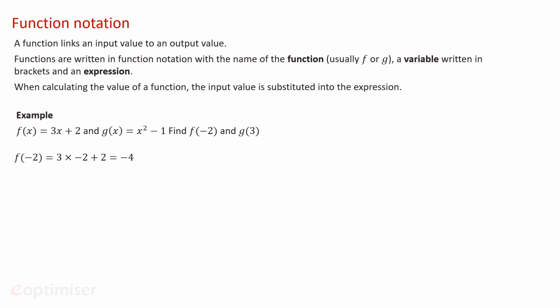Since f(x) is equal to 3x plus 2, if you replace x with minus 2, you end up with 3 into minus 2 plus 2. That is minus 6 plus 2, and you get minus 4. If you input 3 to the g(x) function, you'll get 8 as the output. So 3 squared minus 1, that's 3 into 3 minus 1, you'll get 8.